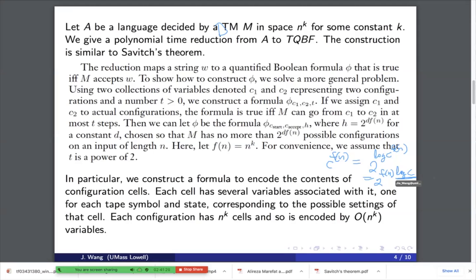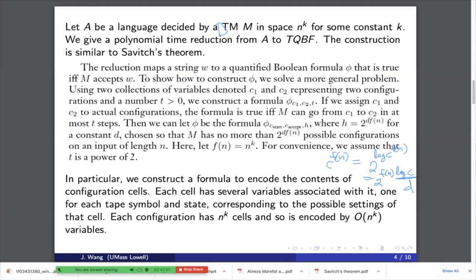You write log c as d, then you get this. T is 2 to the d times f of n for a constant d. So that's how many different configurations we could have.